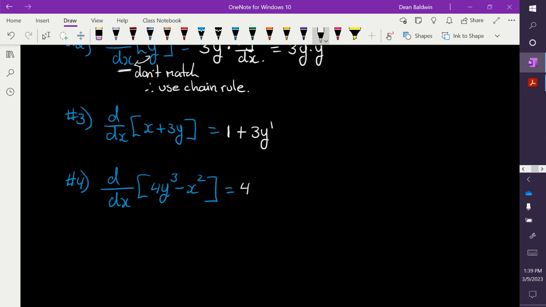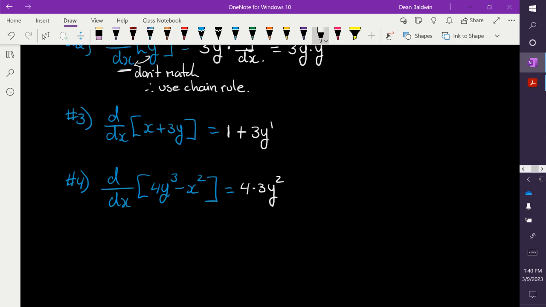So I drop the 3 down, so I'm using chain rule. So I get times 3y. Take 1 away from the exponent, which is 2, right? But then chain rule says you have to multiply by the inside derivative of this. We don't know what y is. So what's the derivative of y?